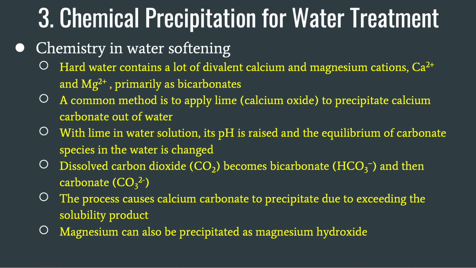With lime in water solution, its pH is raised and the equilibrium of carbonate species in the water is changed. Dissolved carbon dioxide becomes bicarbonate and then carbonate. The process causes calcium carbonate to precipitate due to exceeding the solubility product. Magnesium can be precipitated as magnesium hydroxide.